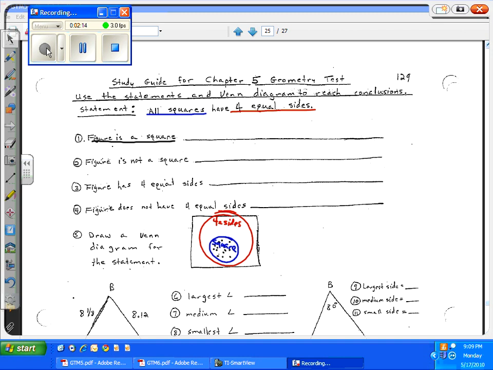We could represent many things that are squares by putting many dots in the little circle. But to be a square, it's got to be in the little circle. So what can we conclude about four equal sides? Well, every single dot that's in that little circle is also in the big circle, which means we can conclude about every single one of those things that they have four equal sides.